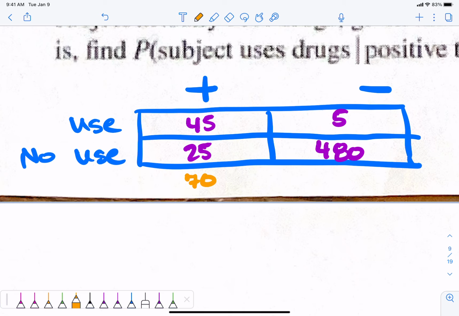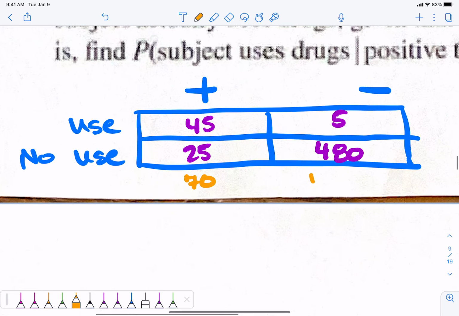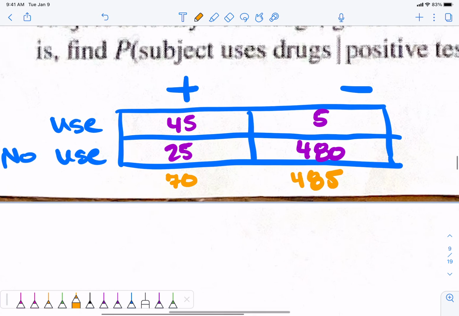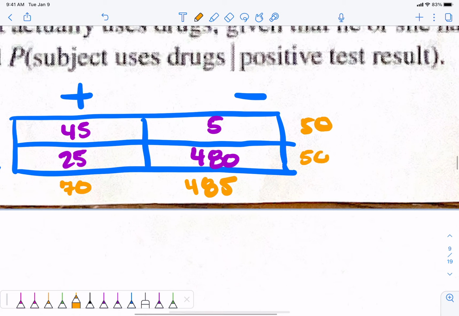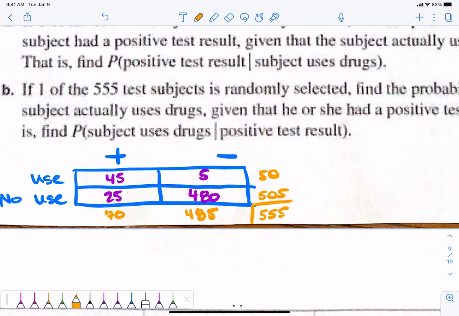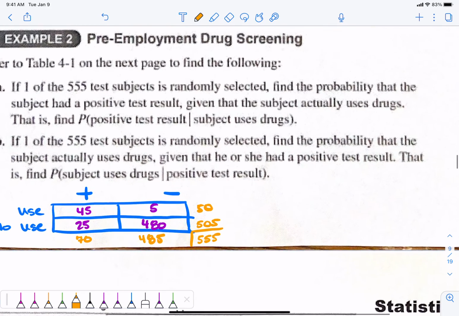All right, how many total negatives? 485. How many total users? 50. How many total non-users? 505, which makes 555 for a total, right? Good. So there we have that table.